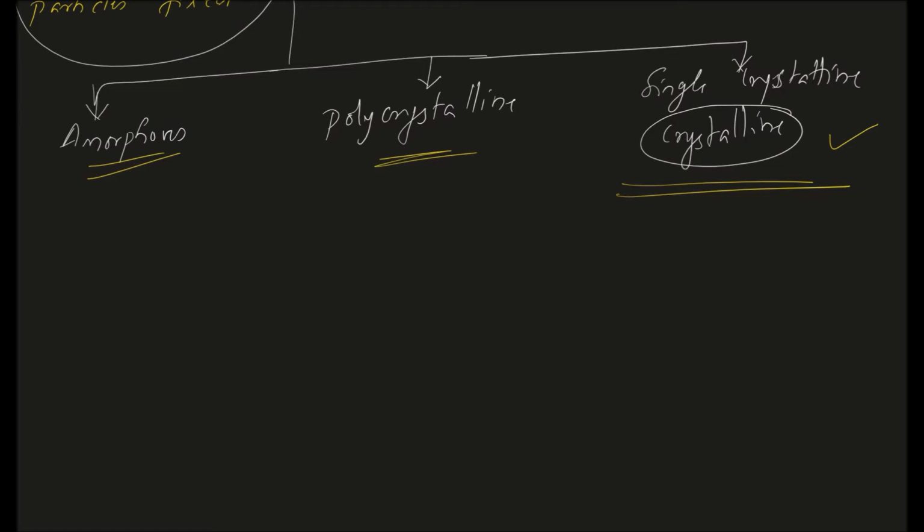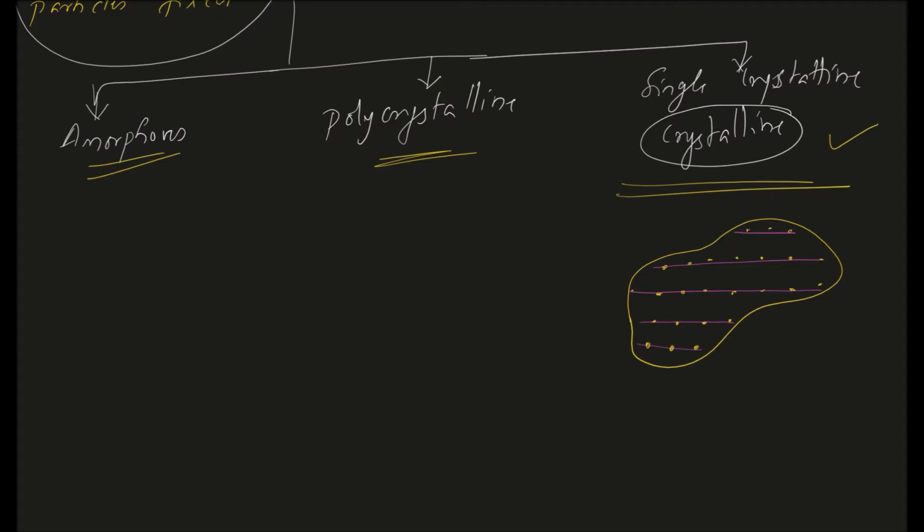Now let's consider a single crystalline material. Suppose you have some arbitrarily shaped material. Let me draw it like this. The constituent particles in crystals are arranged in a regular periodic manner in all three dimensions. You can see that all these atoms are arranged in a regular manner.